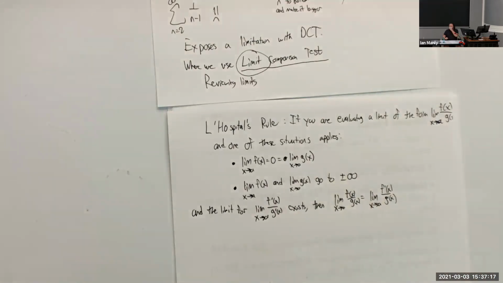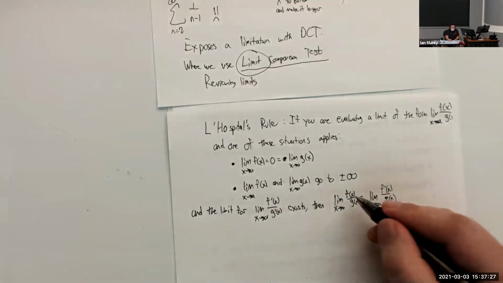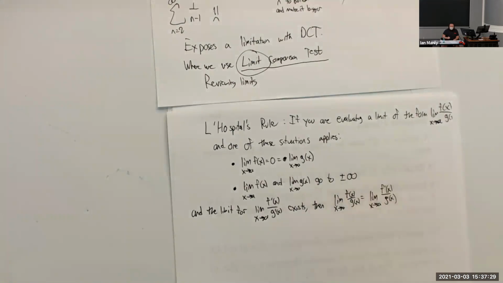So effectively what you're doing is replacing both the top and bottom with their derivative functions. And I want to emphasize, we're not doing the quotient rule here. It's actually easier than that. We're just doing the derivative of the top divided by the derivative of the bottom.